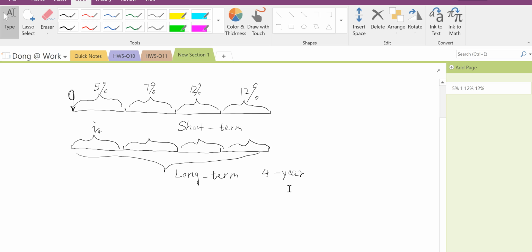So when we stand here, let's say the initial point here, let's assume that's 0, 1, 2, 3, 4.